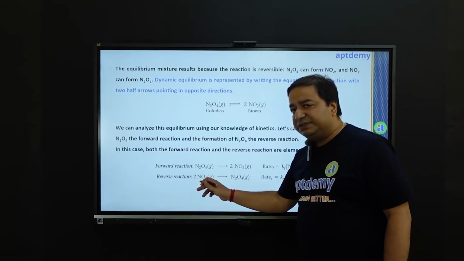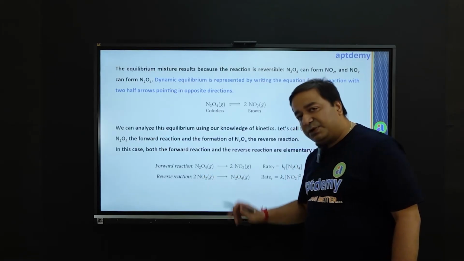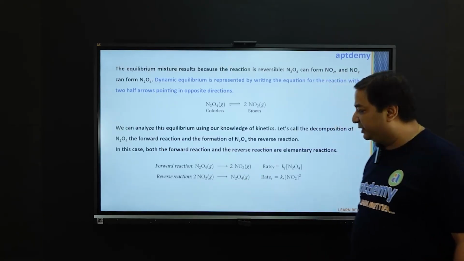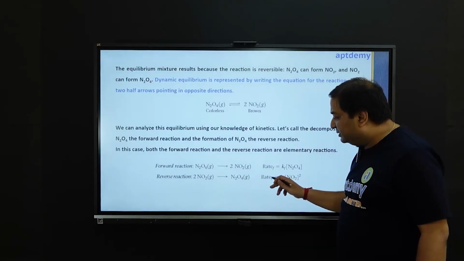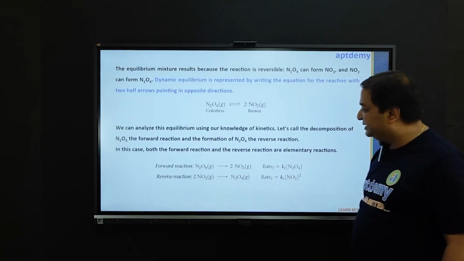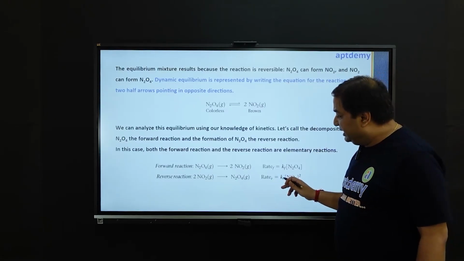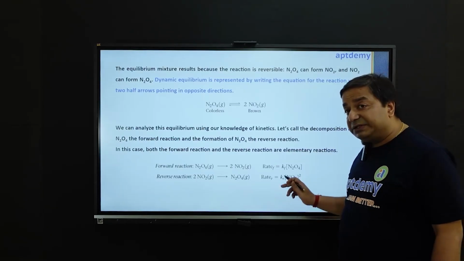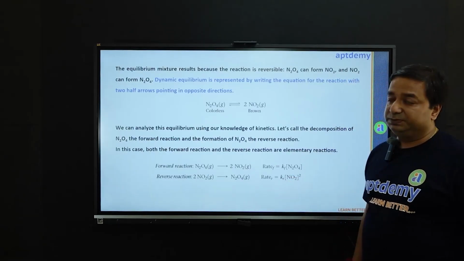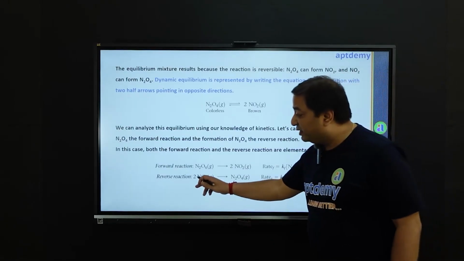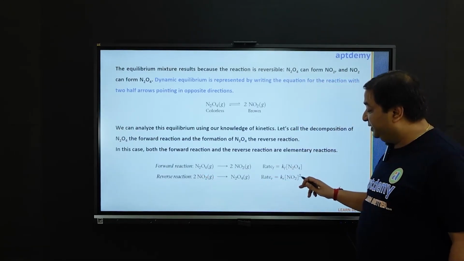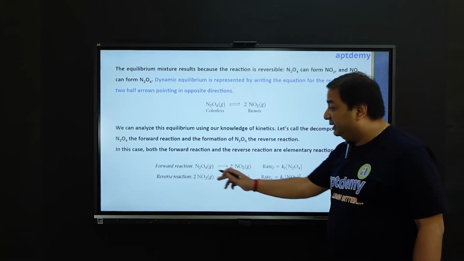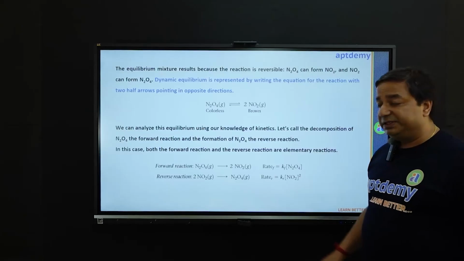For the reverse reaction, 2NO2 gas molecules combining to form N2O4, the rate of the reverse reaction, rr, equals kr times the concentration of NO2 raised to the power 2. The coefficient has to be raised as the power when we are writing the rate for the reverse reaction.